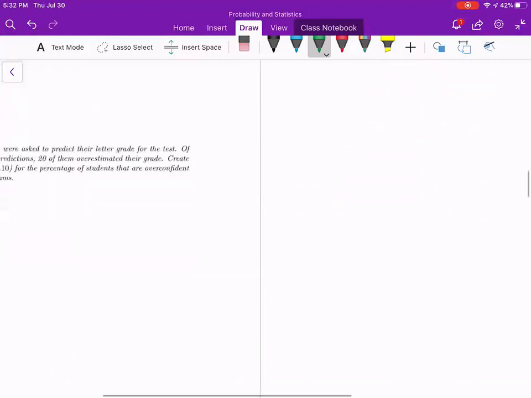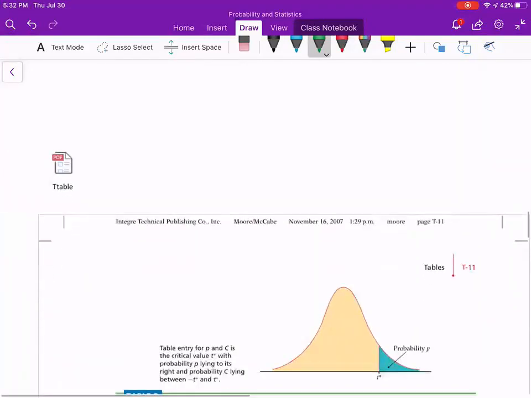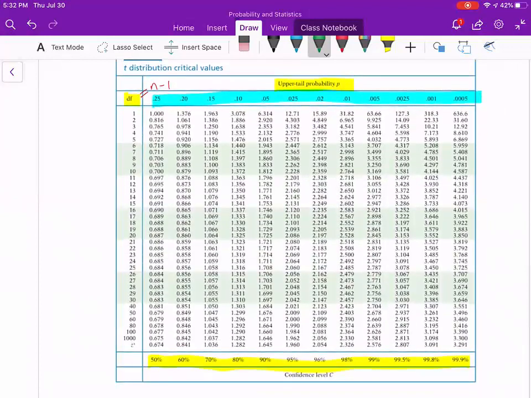And we need that by going to our table. Make sure you go to the correct one. I've got the t-table listed first in here. And so I'm going to look under the 9 degrees of freedom row, which is about there. And in the 0.05 column, because that is the upper tail probability, so that is this region here.